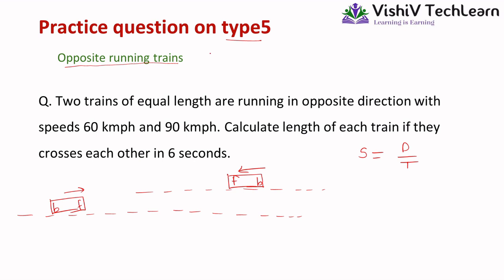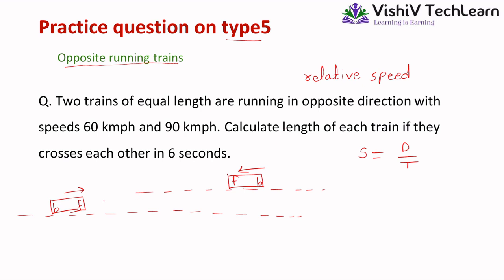But since we have two different trains, we have to manage speeds, distance, time, etc. So here we have to apply the concept of relative speed. It will matter here.